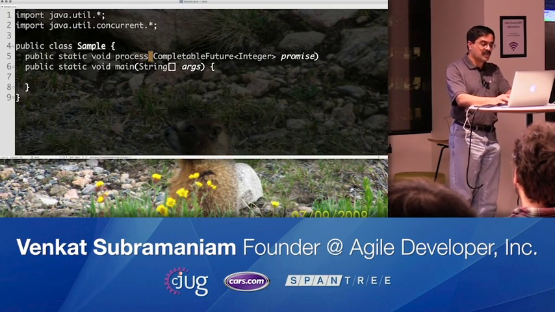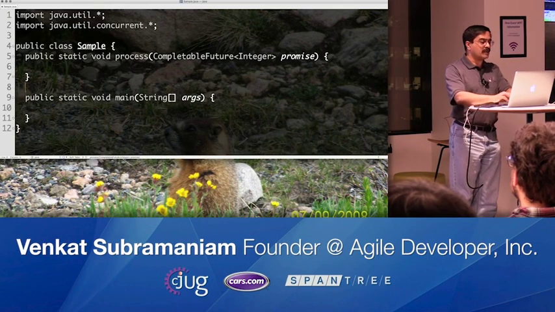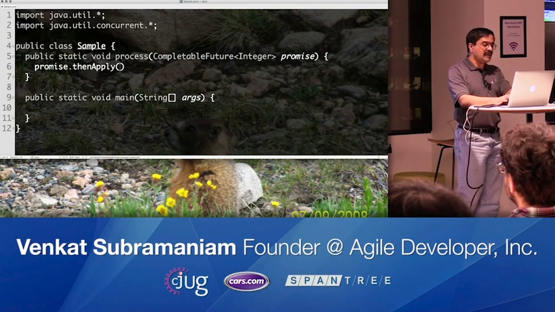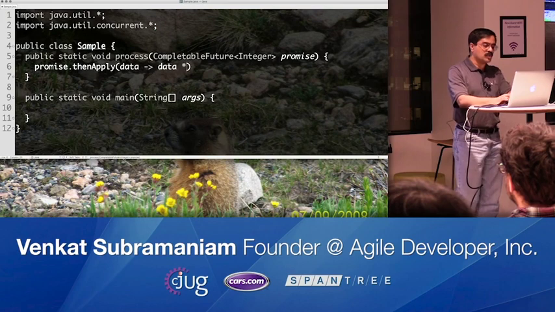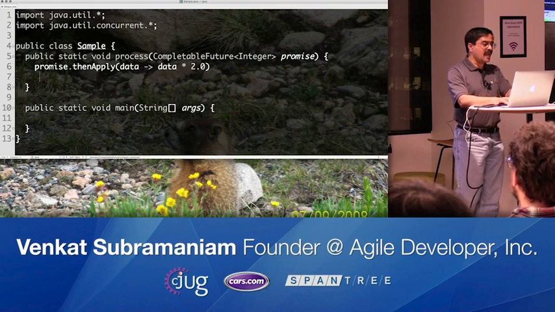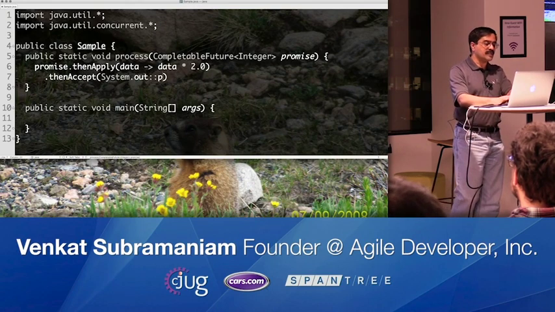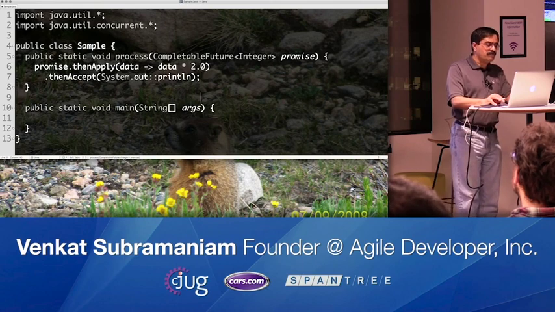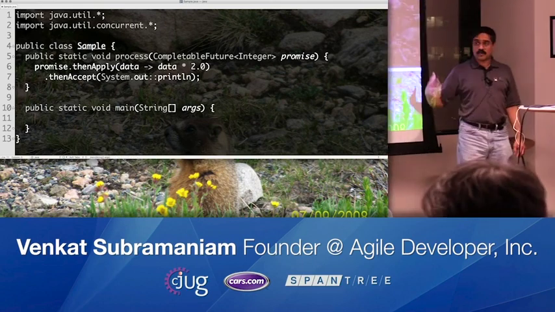You can call it whatever you like to call it. And what am I going to do within here? I'm going to say the promise dot then apply, and give me a data. I want to return a data times 2.0, and then I will say over here then apply, then accept, and I'm going to simply say system.out and print it. So this is a little pipeline I built in to do some processing with it.